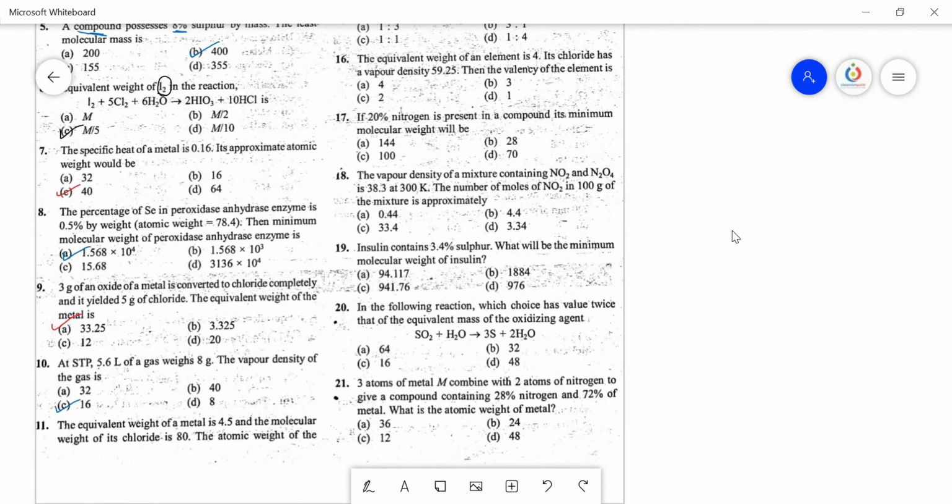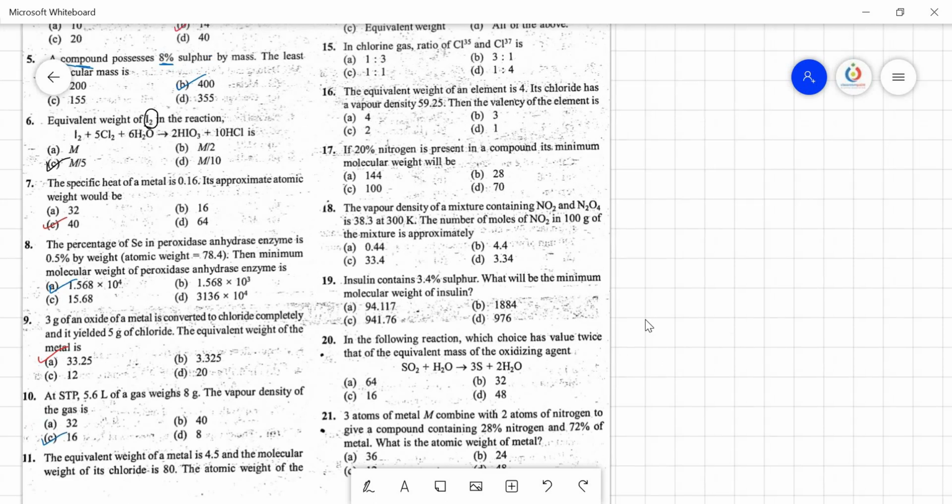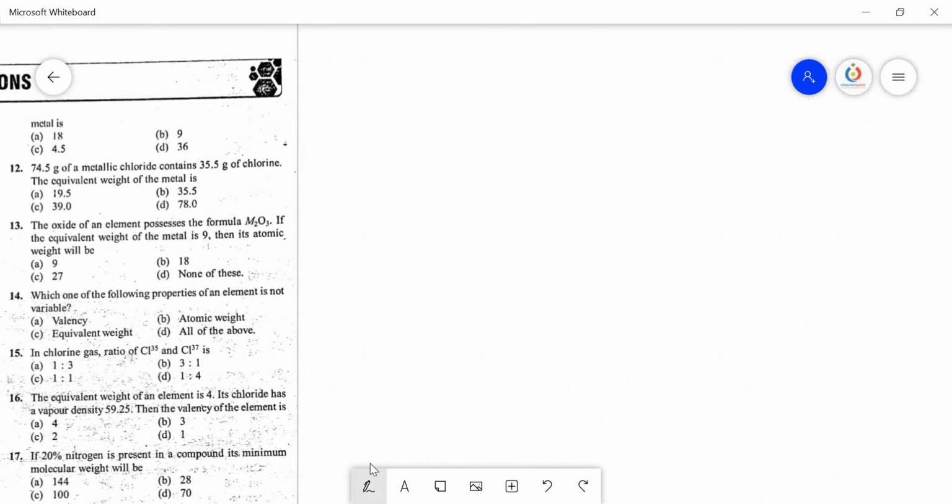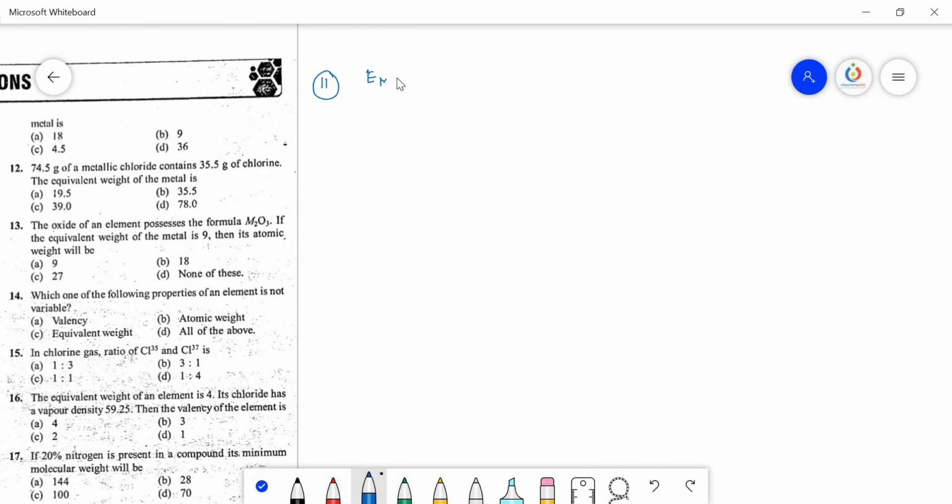Equivalent mass of the metal is given, molecular mass of the chloride also given, and they are asking atomic mass. So, equivalent mass of the metal is given as 4.5 and molecular weight of the metallic chloride is given as 80, and they are asking what is the atomic mass of the metal.